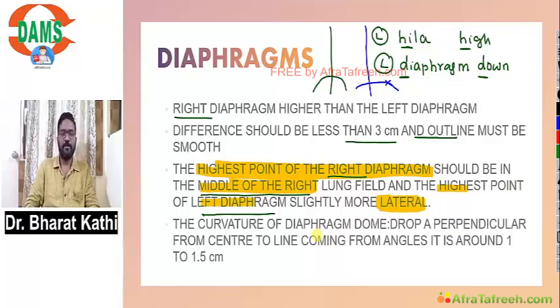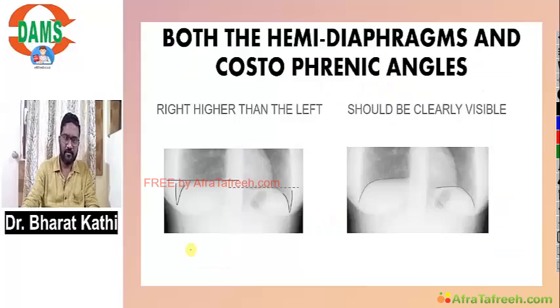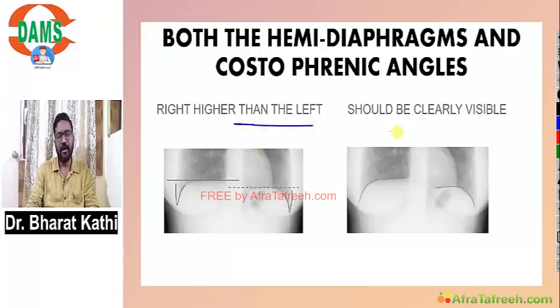And the curvature of the diaphragm: drop a perpendicular line from center to the line coming from the angles. It is generally 1 to 1.5 centimeters. So if you notice here, the right diaphragm is slightly higher than the left.